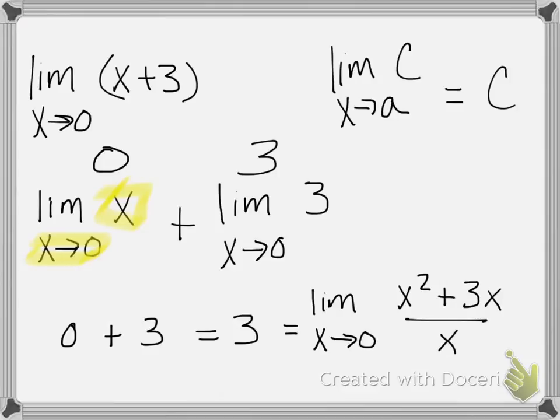And like I said, the whole reason we were able to do that was we started out by actually manipulating this function, because if we were to plug in 0 right off the get-go, we would have come up with it being undefined, which, as we can see after actually crunching the numbers, actually comes out to be 3 instead of something that was undefined.